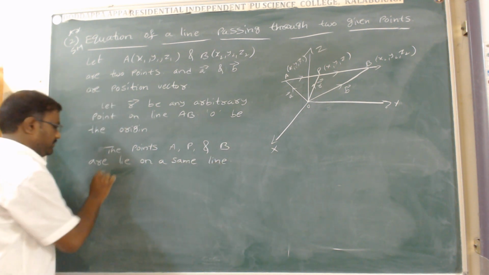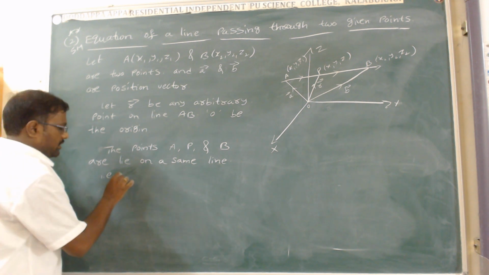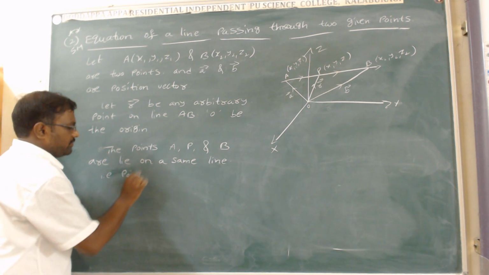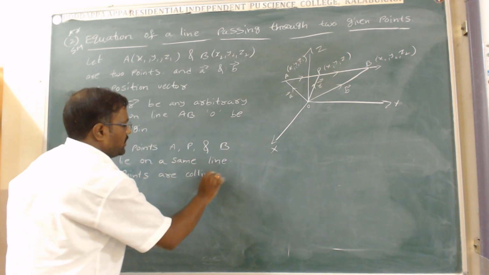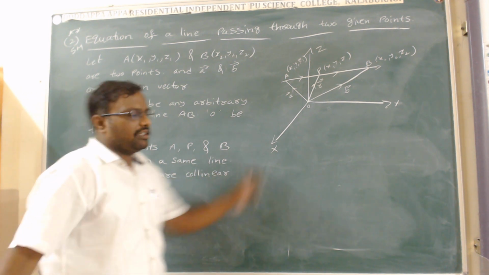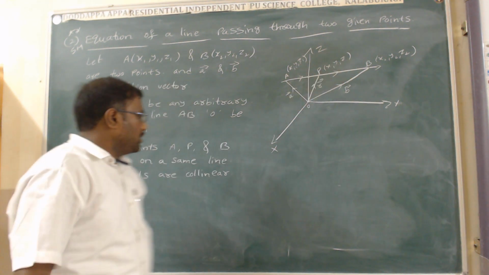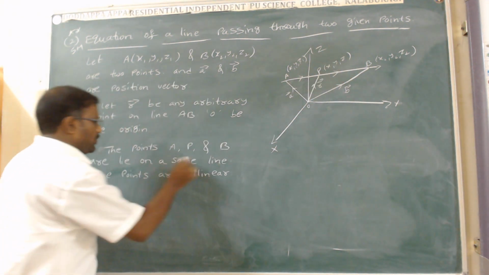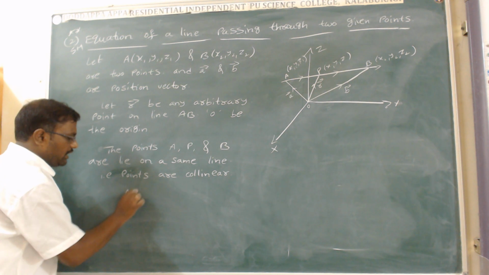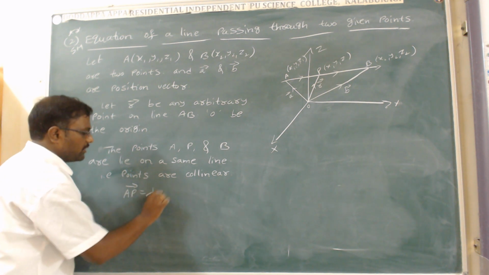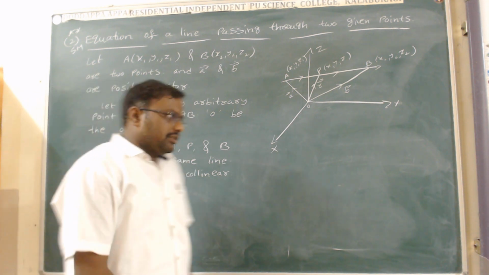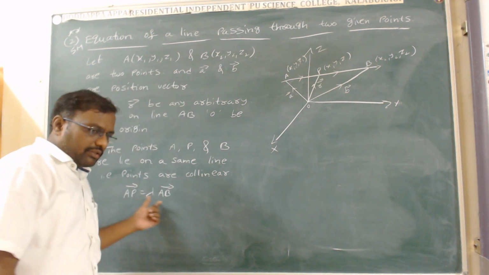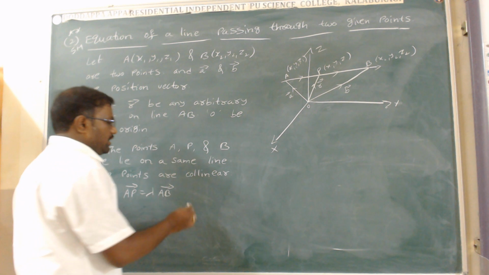That is, the points are collinear. When three points lie on the same line, the points are collinear. When three points are collinear, you can use the condition vector AP equal to lambda of vector AB. Okay, so vector AP equal to lambda of vector AB, right?